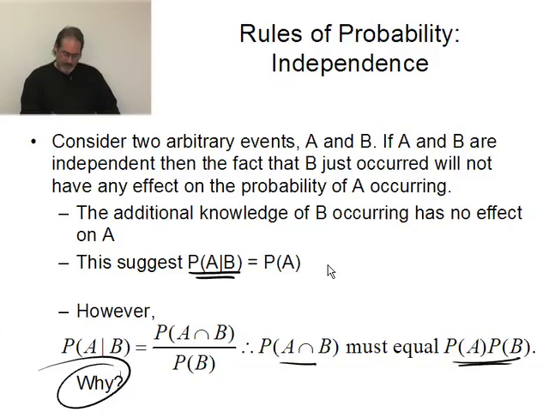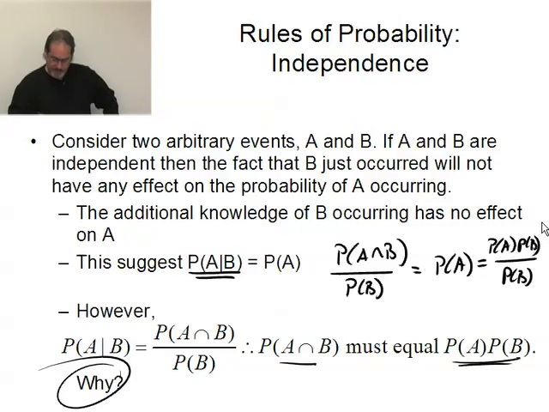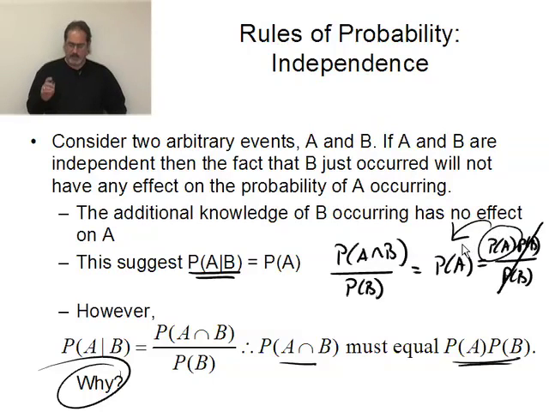We know that if they're independent, the probability of A and B divided by the probability of B will equal the probability of A. The only way this can happen is if I have the probability of A times the probability of B divided by the probability of B, because now the probability of B cancels out, leaving me just the probability of A.